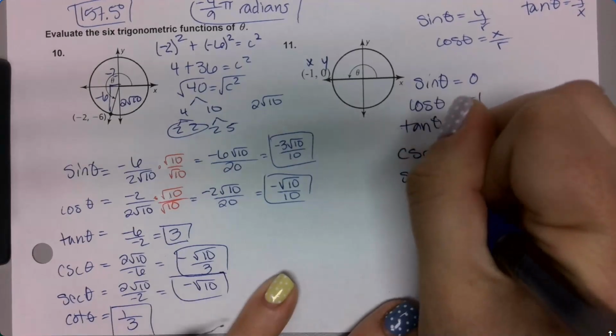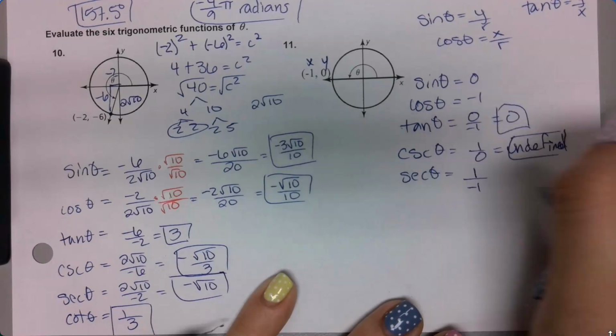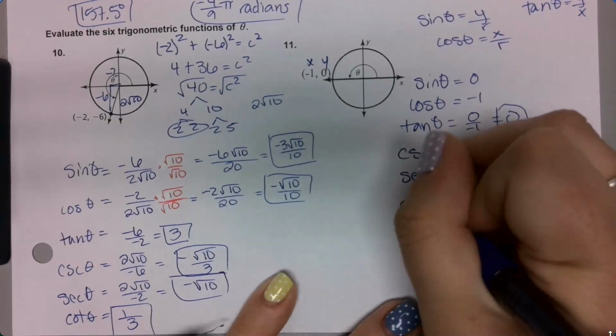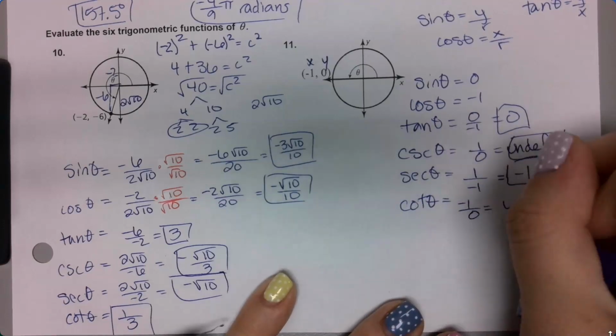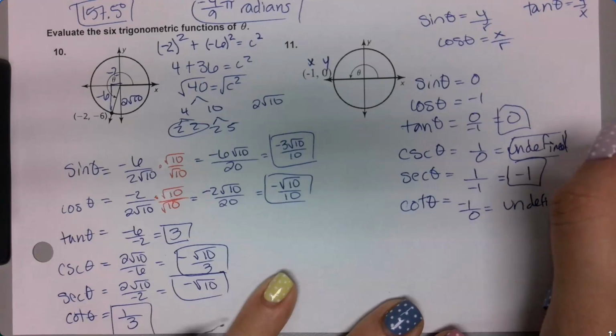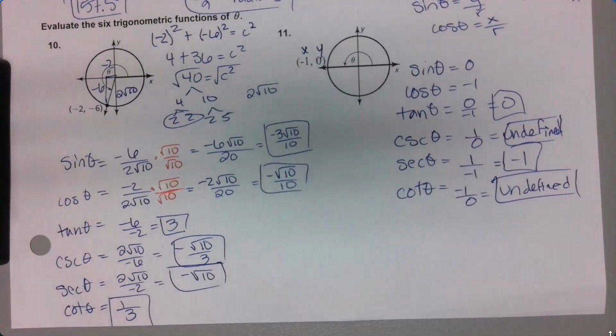Then my secant of theta is the reciprocal, so 1 over -1, or just -1. And then my cotangent is -1 over 0 equals undefined. So when I'm working with a quadrantal angle, I want to make sure I have 2 zeros and 2 undefineds for my answers. Otherwise, I have done this incorrectly.